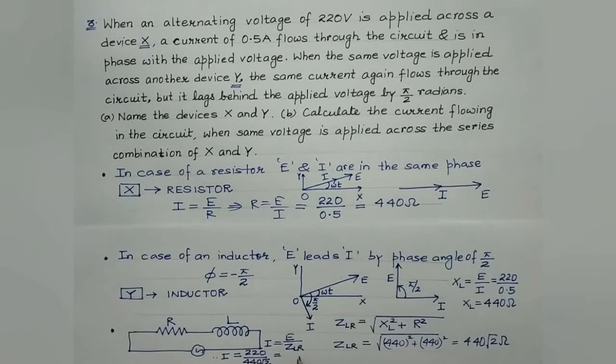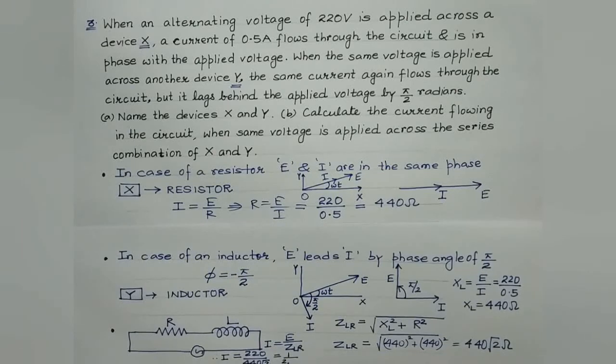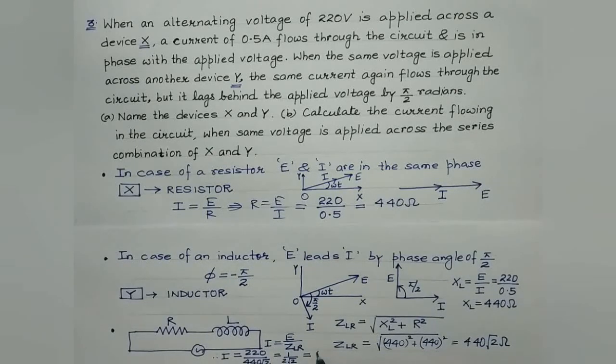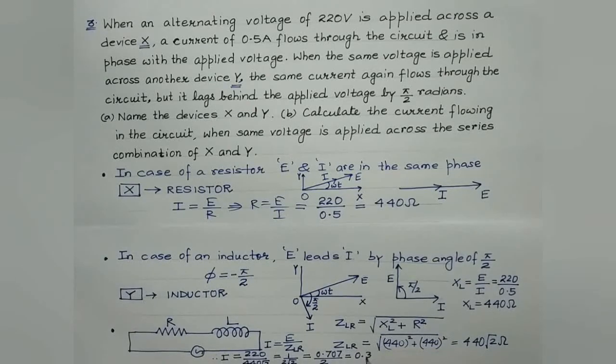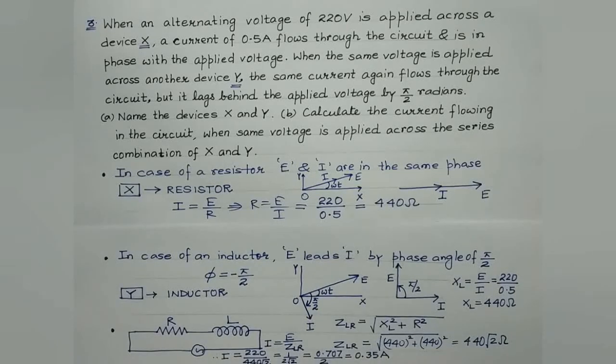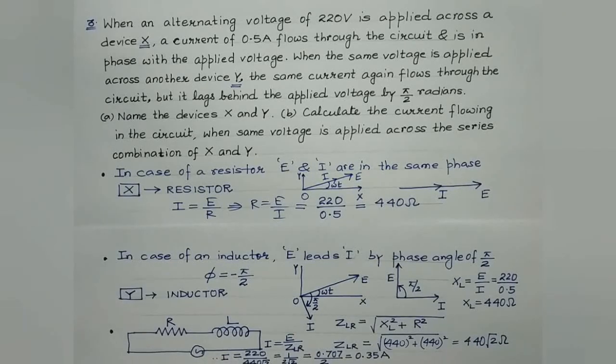So that will give us 1 by 2 root 2, isn't it? So that in turn will give us 0.707 divided by 2, which will give us 0.35 ampere. So students, 0.35 ampere will flow through the series combination of the resistor and the inductor.